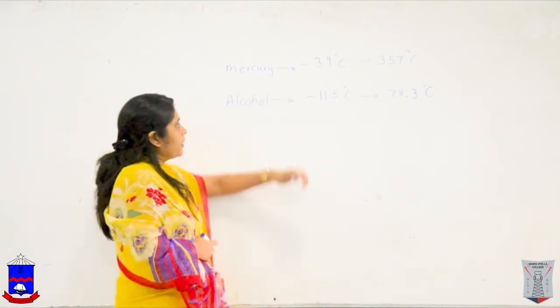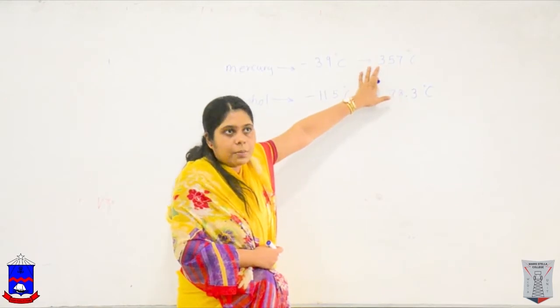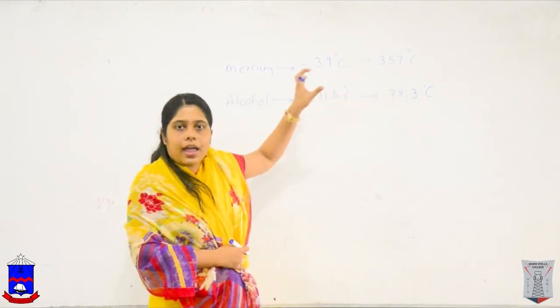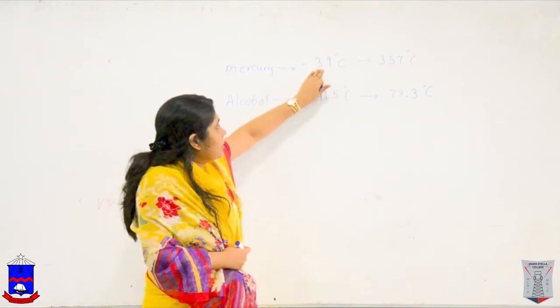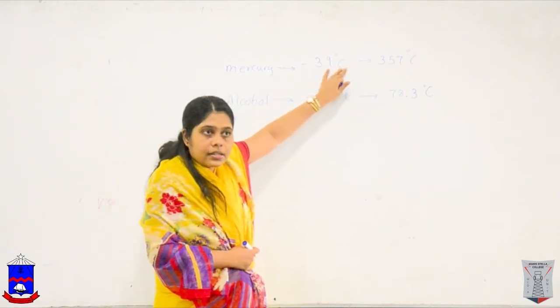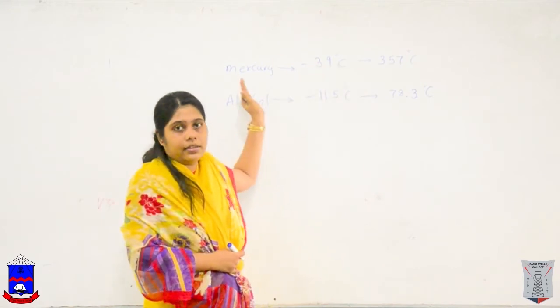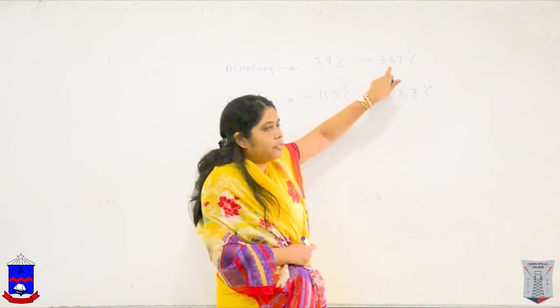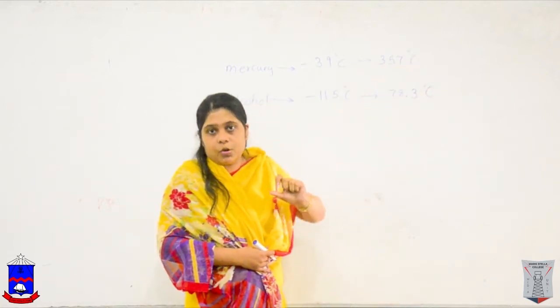That means within this temperature range, mercury remains as liquid. Below minus 39 degrees Celsius, mercury is a solid, and above 357 degrees Celsius, mercury is a vapor or gas.